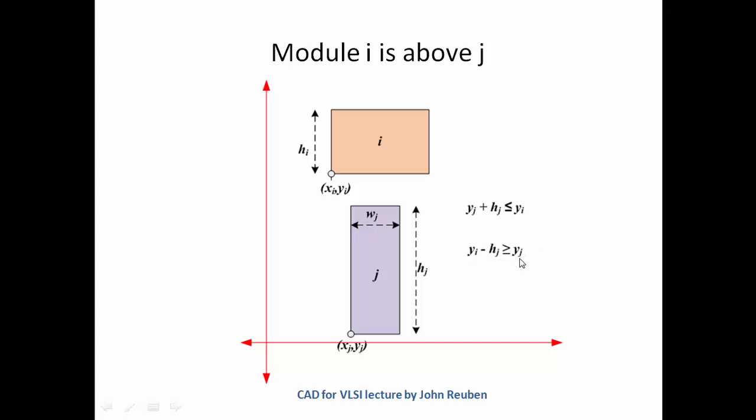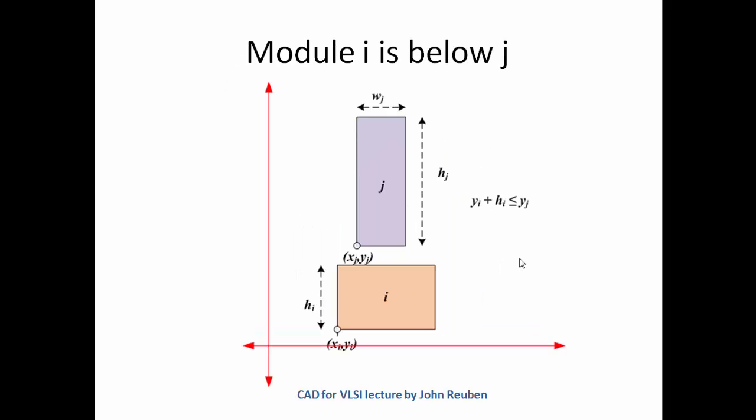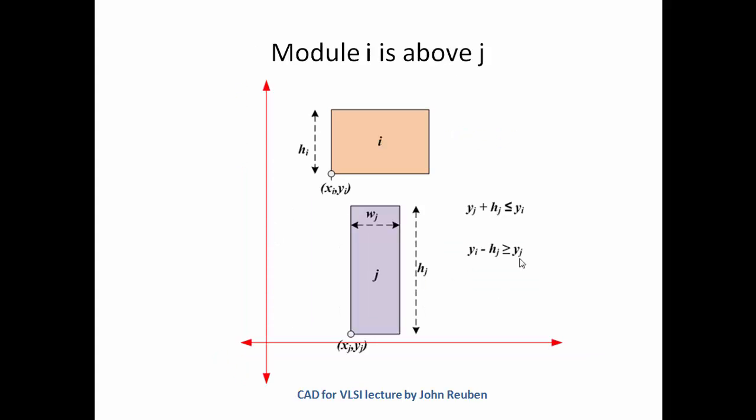Right. So what we are doing in these 4 slides is just that the relative position of modules i and j are captured as 4 equations, right? i being to the left of j, i being below j, i being to the right of j, and i being above j are captured by these 4 equations.